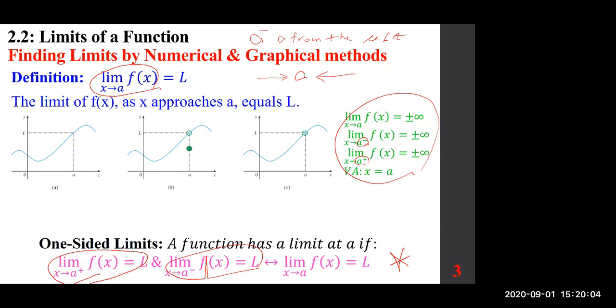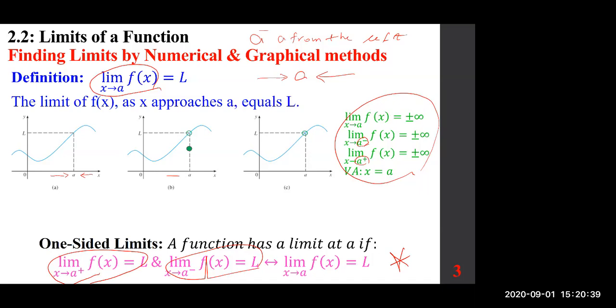I want you to see all these graphs and understand what happens, and let's compare and contrast, okay? In all cases, the idea is that if we are looking at the concept of a limit, that means getting closer to a from the left and right.